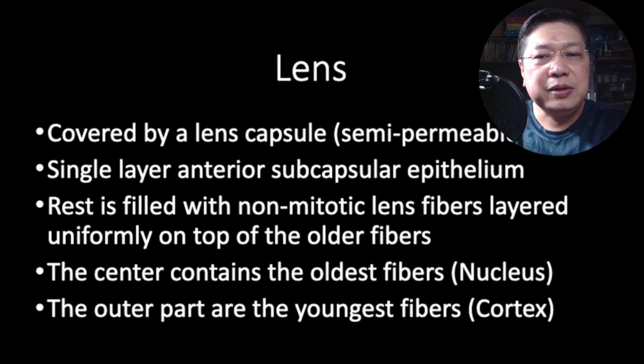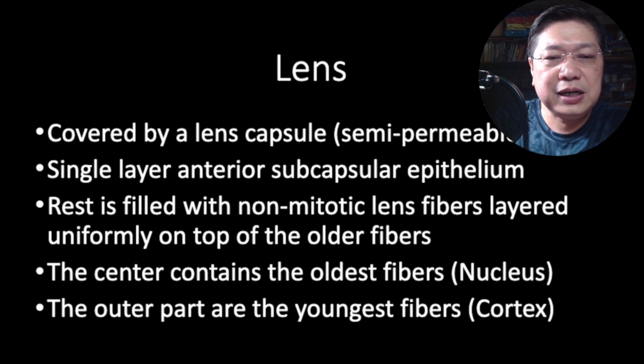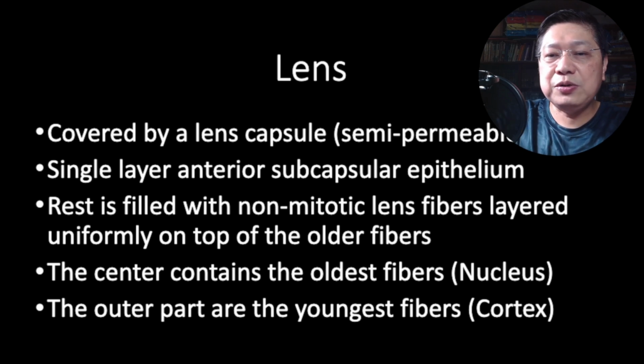It's uniformly layered on top of the older fibers, such that the center is the oldest, and the outer is the youngest. We call the outermost the cortex, and the innermost the nucleus.